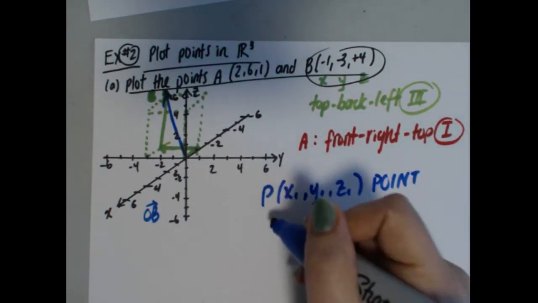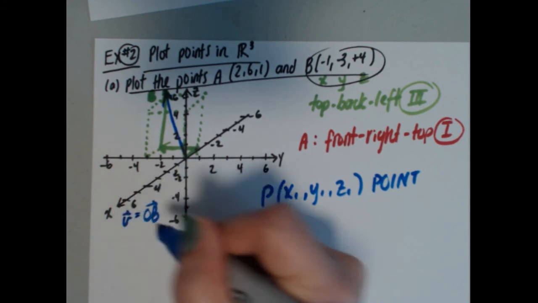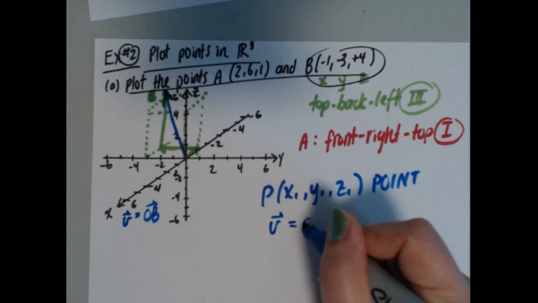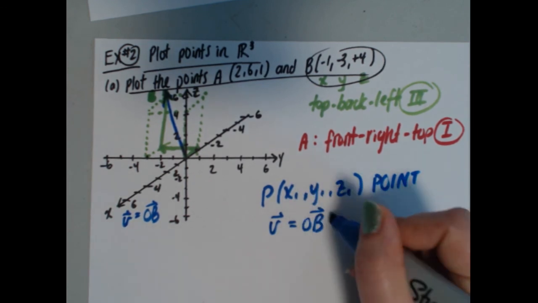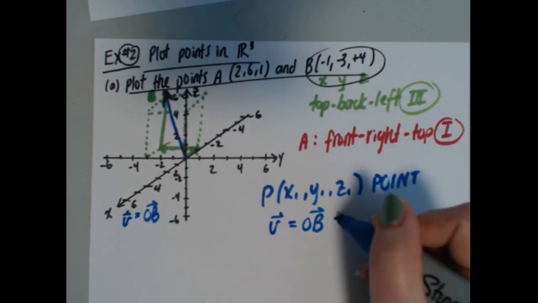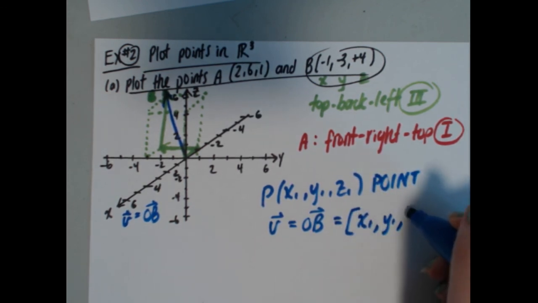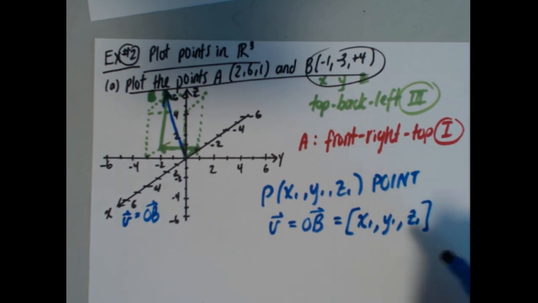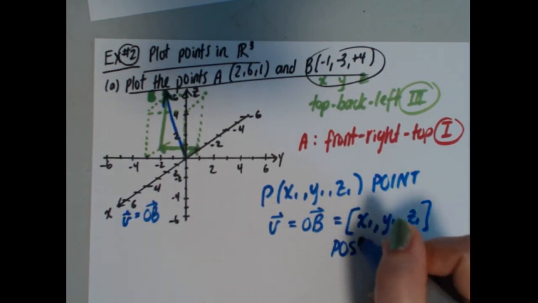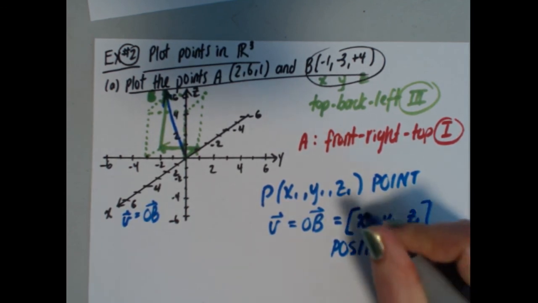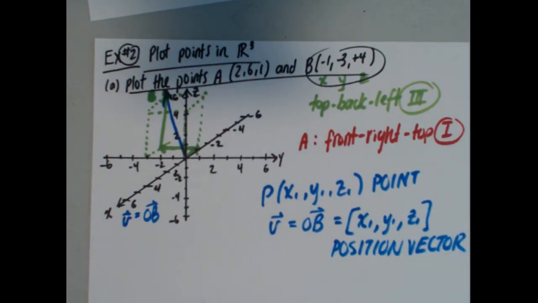Now, my vector V, let's say we call it OB, or it can be OP, whatever the point happens to be, is going to be the vector x1, comma, y1, comma, z1. And like I said, this is a position vector because it starts from the origin and goes to the point whose coordinates are the same as those of the vector. We're going to be using this idea more and more throughout this lesson.